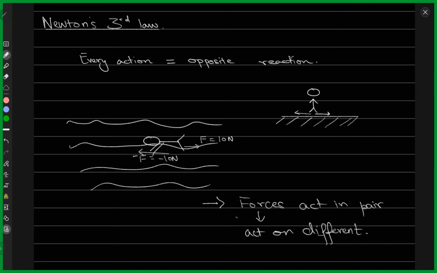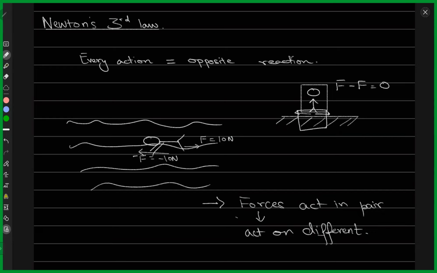So if they're acting on different bodies, I would take, for example, the resultant force. If I take this person, the resultant force on this person would not be 0, because the other force would be on the ground. So if I'm taking this person as my system, I cannot just do F and minus F, which would become 0.